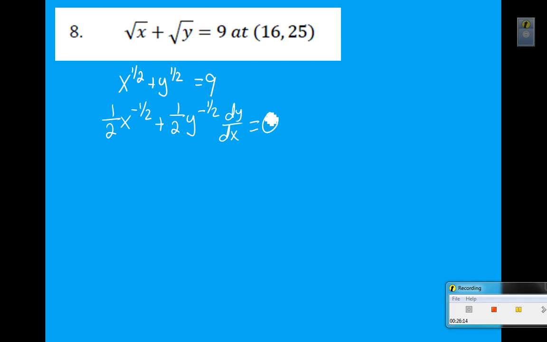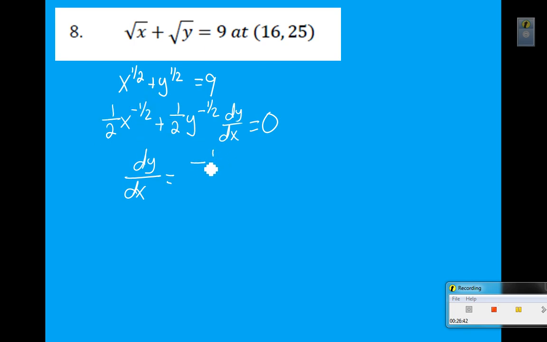So here's a couple of different ways, but one way to get dy/dx by itself, you're not allowed to leave a fraction within a fraction. You can have it there for a minute, but then you've got to simplify it. So check out what's going to happen. I'm going to subtract this piece over.